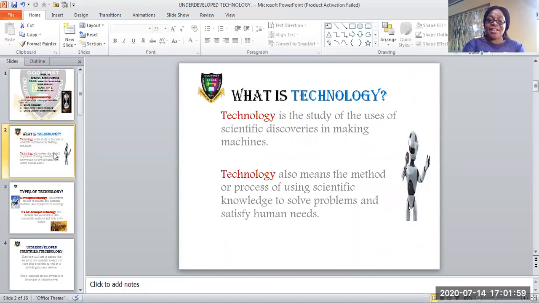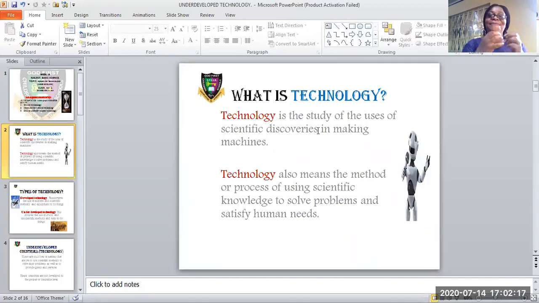What is technology? Now, look at the slide and learn. Technology is the study of the uses of scientific discoveries in making machines.